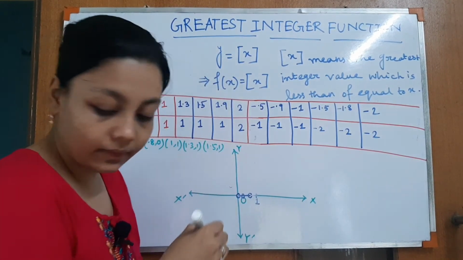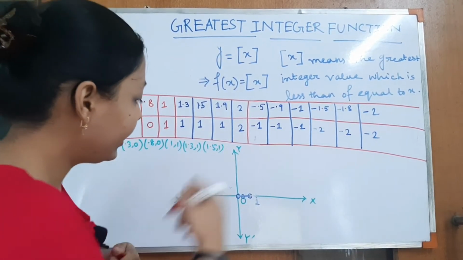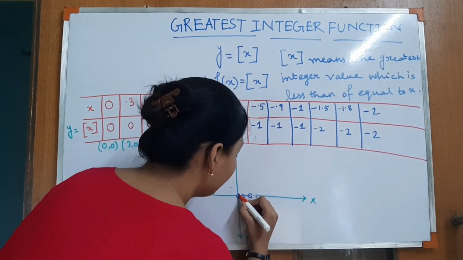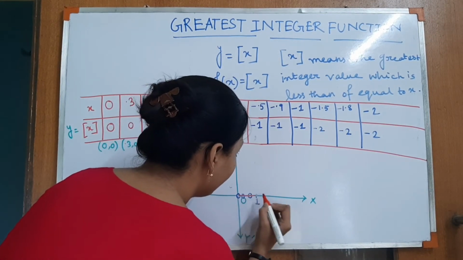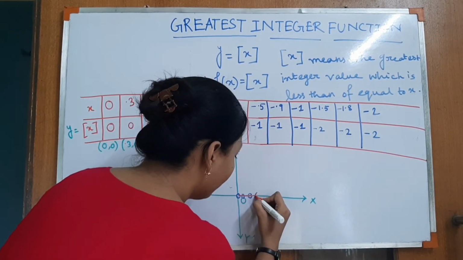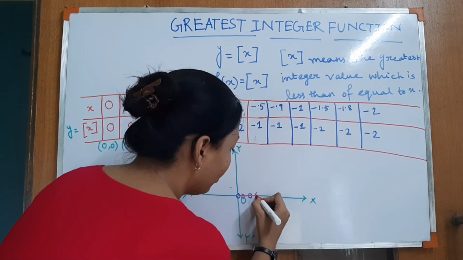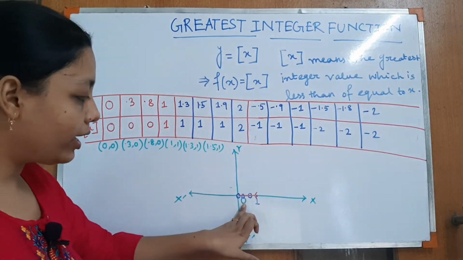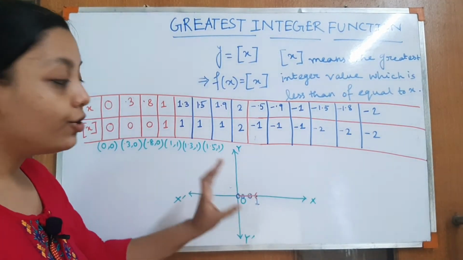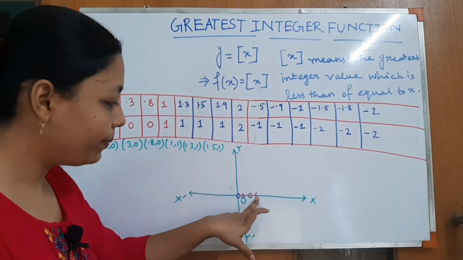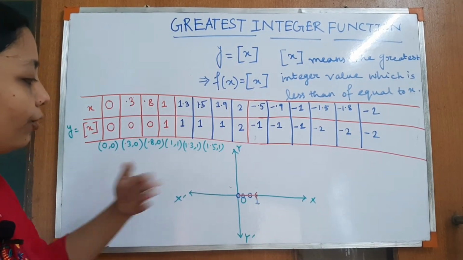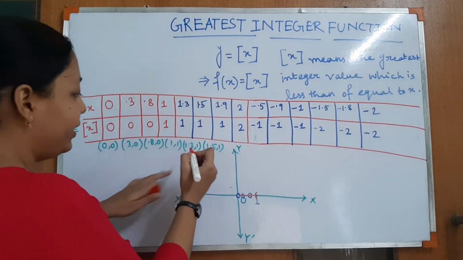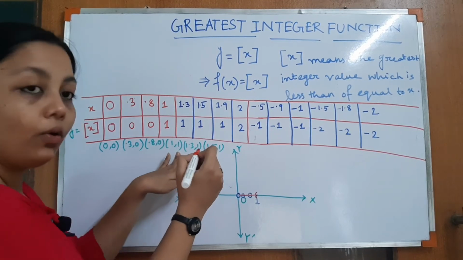Since this point cannot lie on this line, here we draw a half circle for this point. Okay. Since this point cannot lie on this line, we draw a half circle at the end of this line. Okay. Now for the next point, here is 1 comma 1.